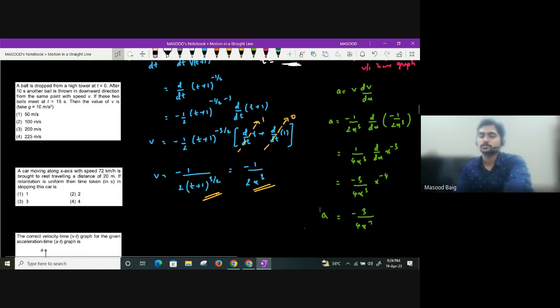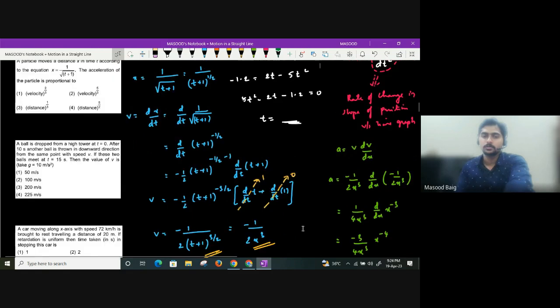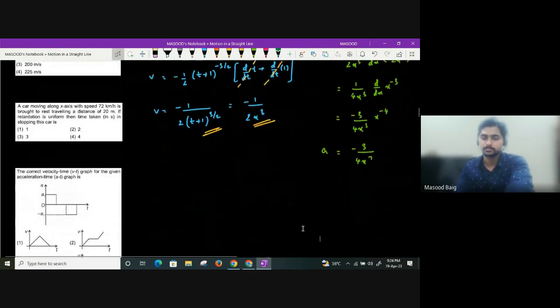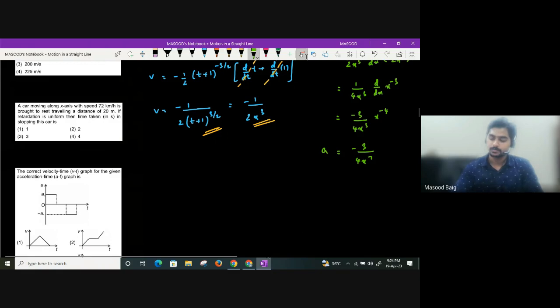Clear, all of you? Distance power 7 is there, which is not going to match. So what can we write now? x cube is there, so I'll get acceleration proportional to x power minus 7.